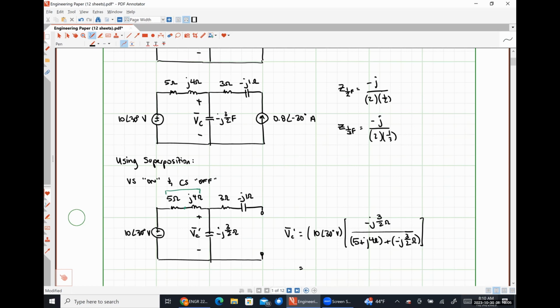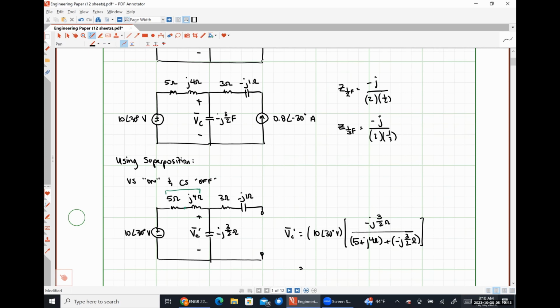So 10 angle 30 times negative 1.5 i over 5 plus 4i plus negative 1.5i. And I will need to change the mode on my calculator in a moment.